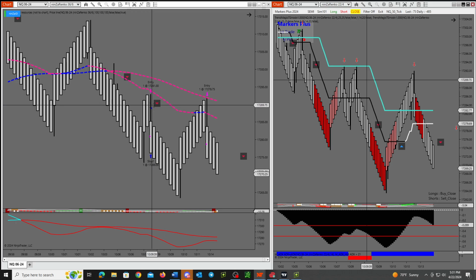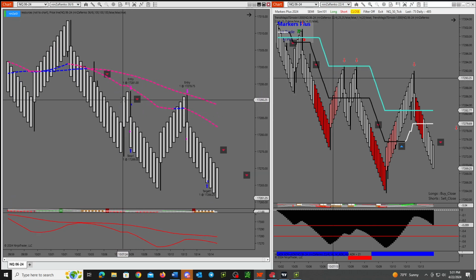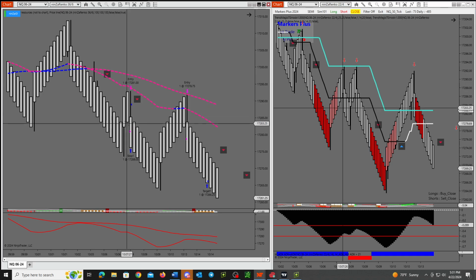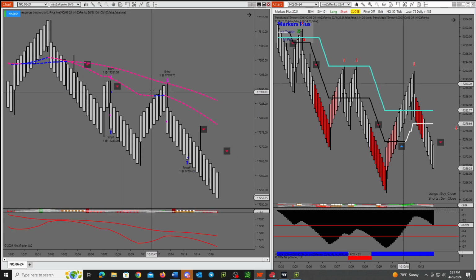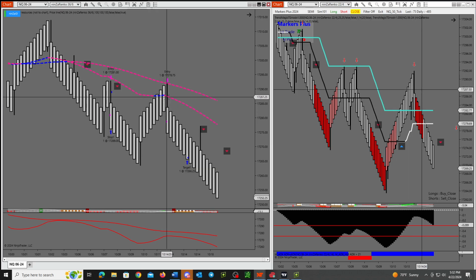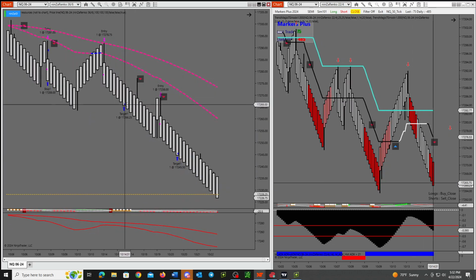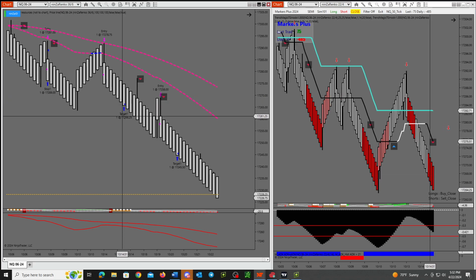So I took a small ding, not a big deal there. But anyway, we had all 6 of the Magic 6 in line here. Here we go. We're again another opportunity. All 6 of the Magic 6 are in line, so I take this trade this time, and we get our 50 ticks on that trade right there. So it was a nice trade down there.